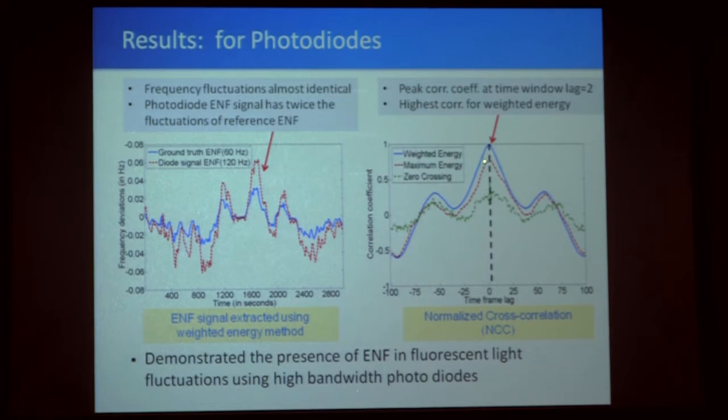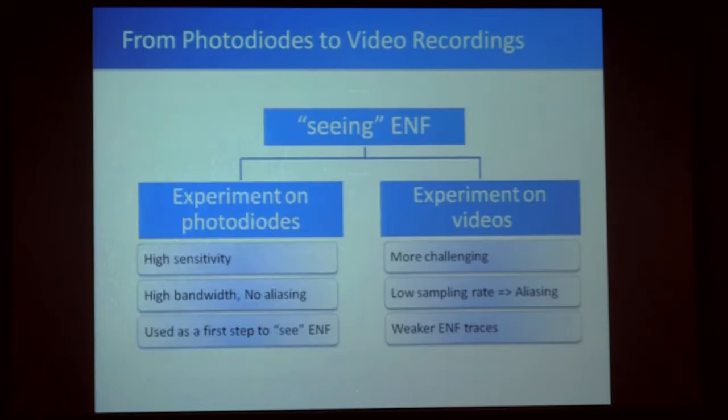The maximum energy is better, and the weighted energy is more resilient and gives us a more reliable alignment. Okay, so that's a proof of concept that ENF is potentially detectable by our optical sensors.